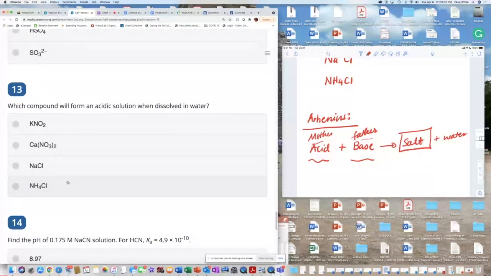For the most part, if the mother is a strong acid and the father is a strong base, since their strength is assumed to be equal, they tend to make a baby or an offspring or salt that is neutral, because both parents are strong, right?